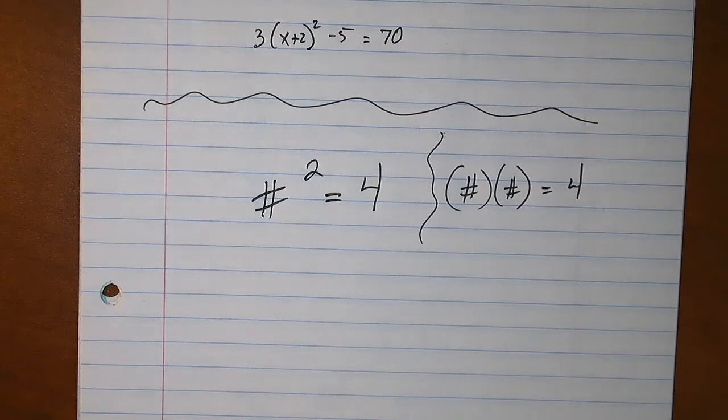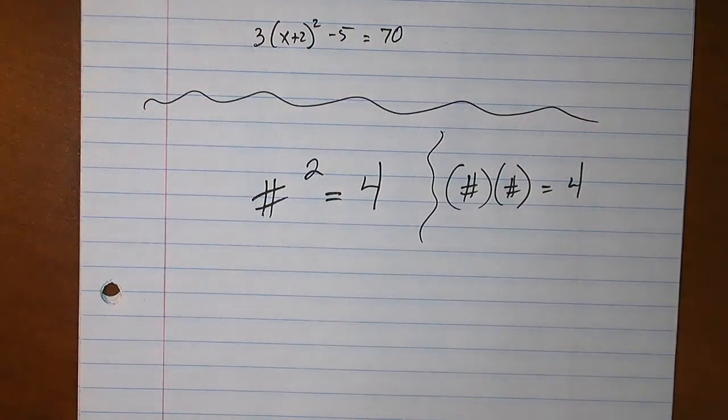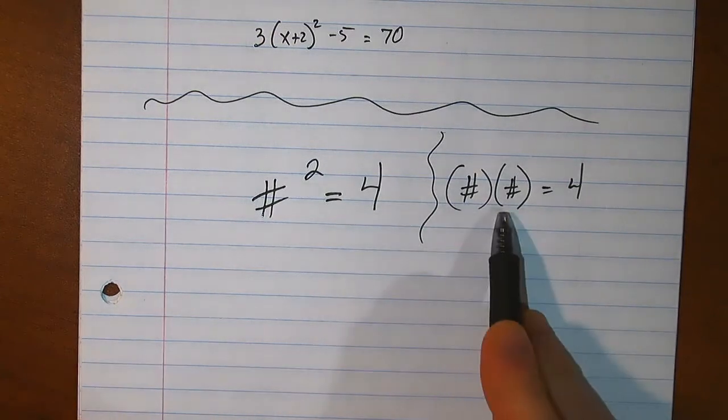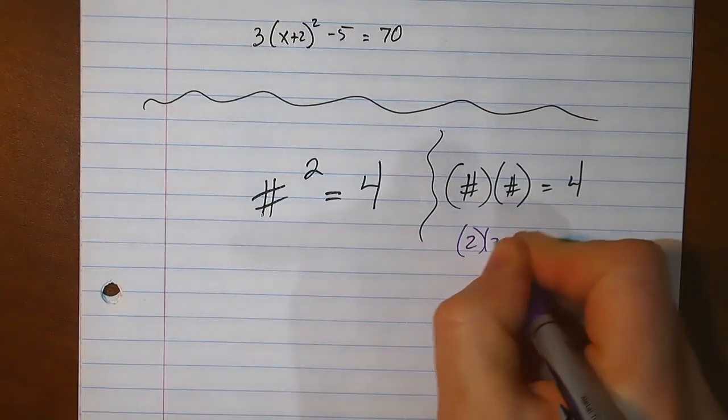Okay, so the challenge when solving quadratic equations is we have to figure out what these are. Now, in this particular case, you know enough math and enough times tables that you might be able to just deduce what times itself equals 4. Well, most of us would be able to figure out 2 times 2 equals 4, right?